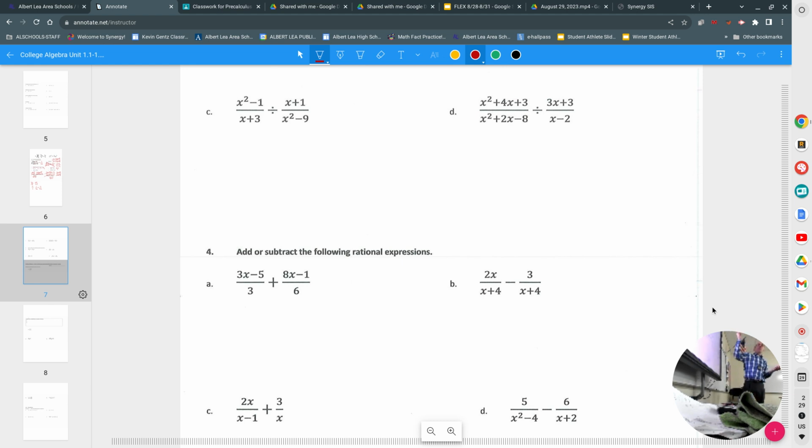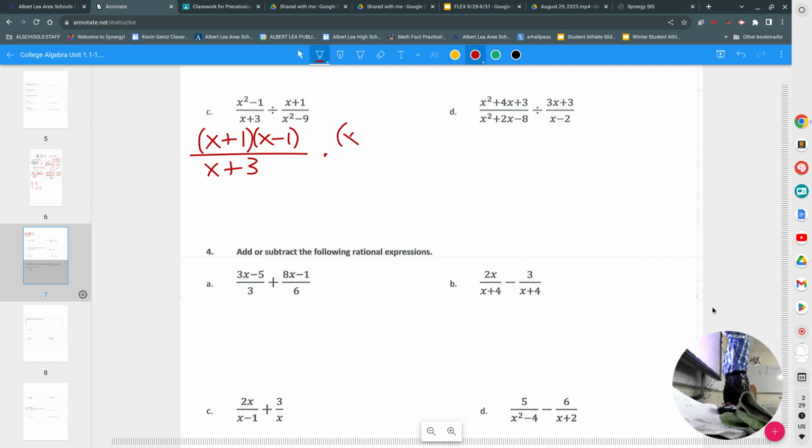Again, instead of dividing, I'll multiply by the reciprocal. I see some things that will factor. It's in my best interest to just start factoring those. X plus 1 times x minus 1 over x plus 3. And I'm going to multiply by, notice the x squared minus 9 will come to the numerator.